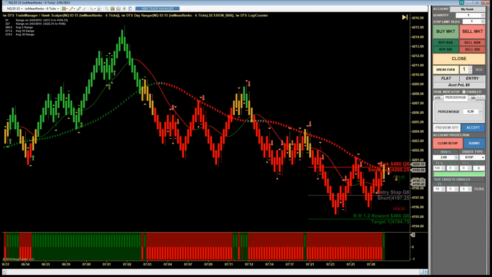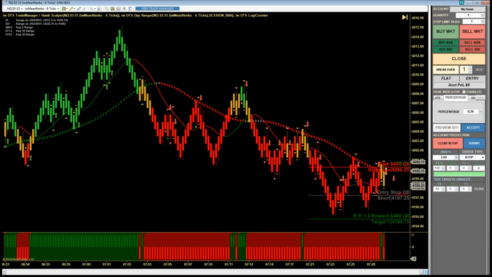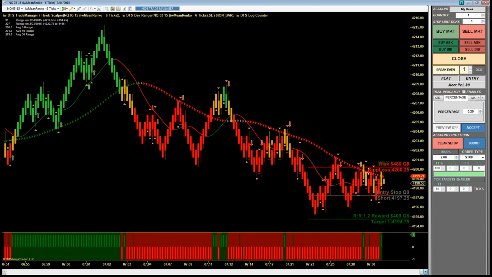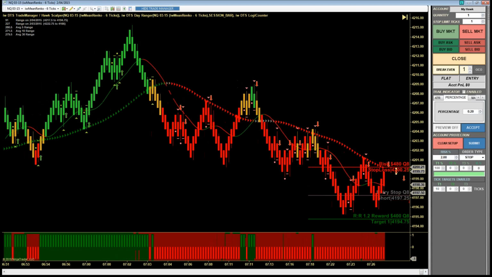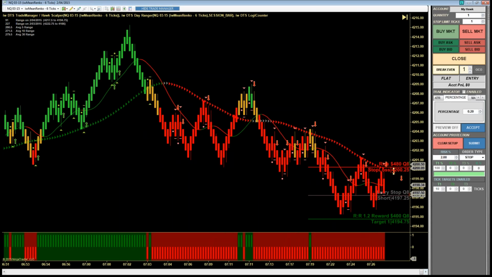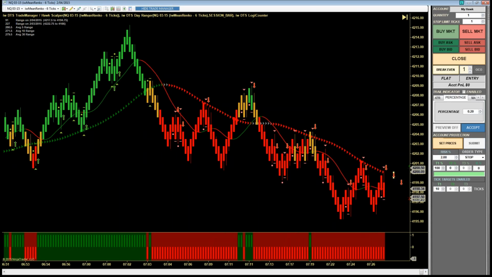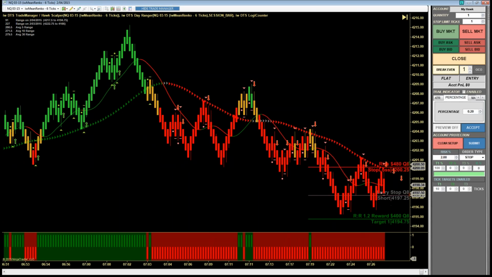I'm going to enter here on the hash mark because I got a signal, and I'm just going to cover it right above the high of the bar, and that's going to be my trade." Well, what happens is the market brings you in and then goes against you a couple ticks, stops you out, and then goes on or tries to go on to your profit target without you, right? Meanwhile, you've incurred a loss already.